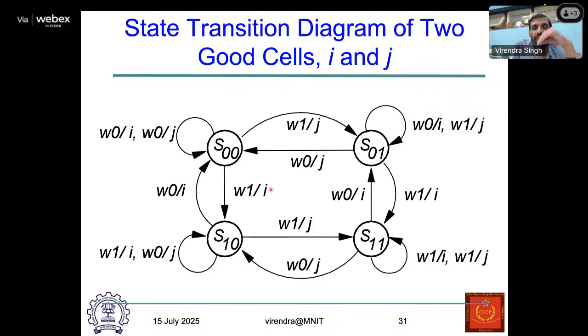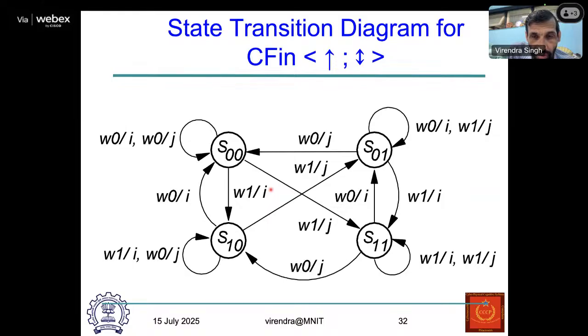So this is the correct diagram of two cells, showing how they operate when you are reading and writing those cells.